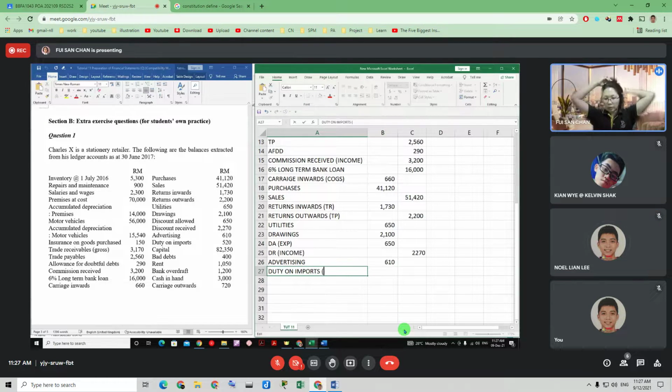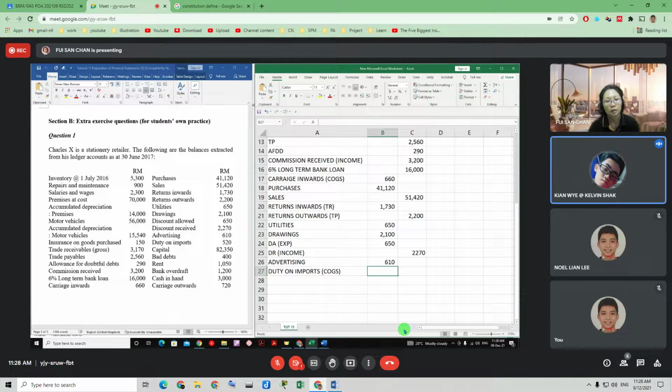Where do you put this item, as an expense or part of your cost of goods sold? Cost of goods sold. Duty on import is when you import, let's say, something from Japan, and the government will tax you. So it's debit. This is an expense which increases our purchases cost, right?